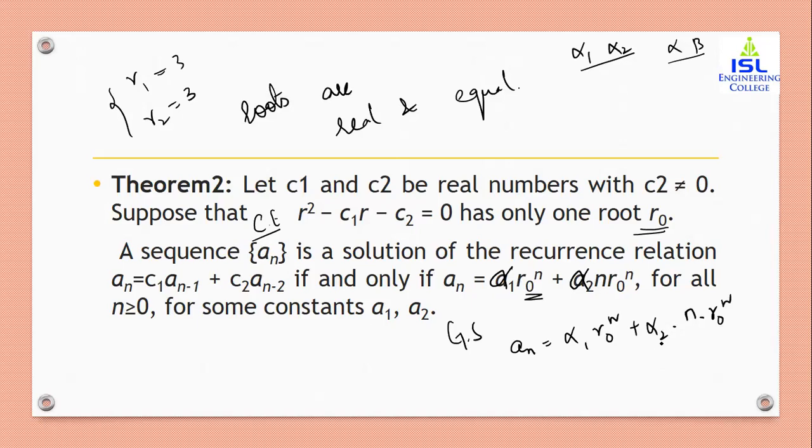In the previous problem, we were using alpha 2 or beta into R2 power n. But over here, since the root is the same, we will be using a factor of n, which is n into R0 power n, where alpha 1 and alpha 2 are constants.